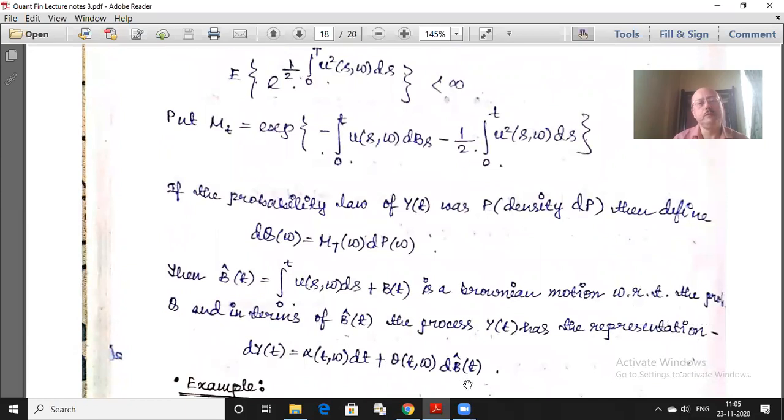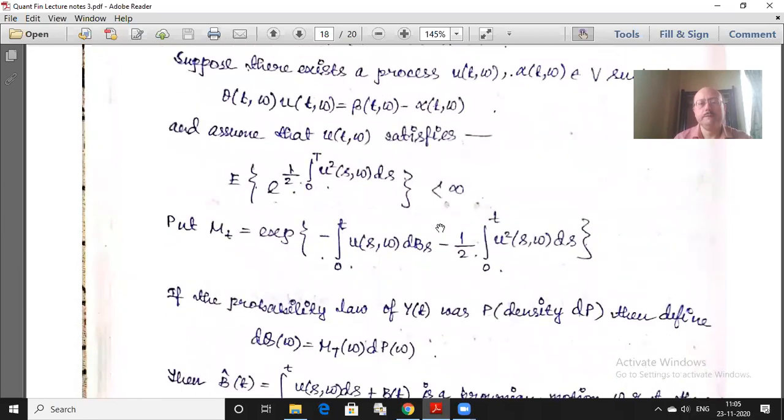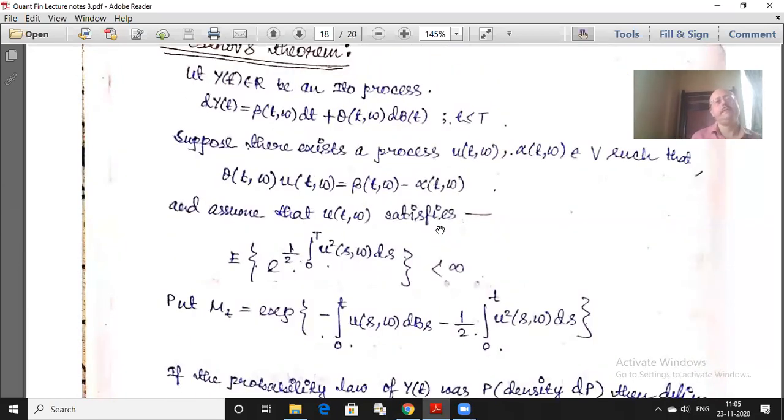This becomes an Ito process with respect to a new Brownian motion. This new Brownian motion is adding a trend term to the original Brownian motion, and the probability law for this new process is now this Q rather than the original P. So we have changed three things. We have changed the Brownian motion itself, we have changed the probability law, and we have changed the trend and volatility coefficient. Of course, these changes are all related to each other in a consistent way.